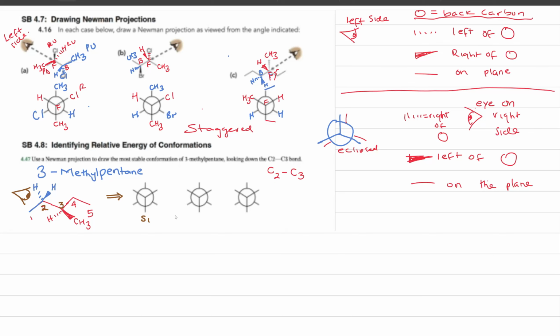You always have 3 staggered, 3 eclipsed. So the one in the plane of the front carbon is a CH3, and then we get an H and an H. And then we get CH3CH2 for that one.